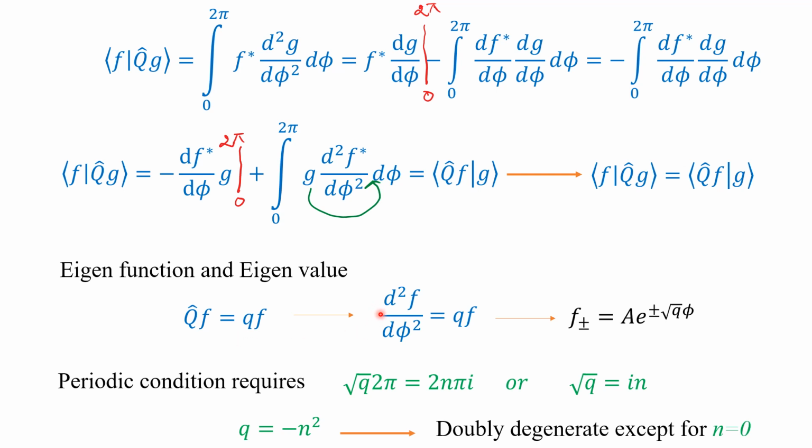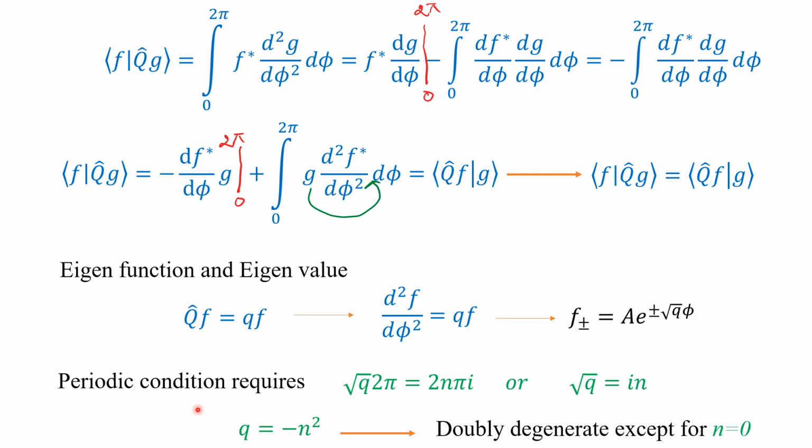Now, if you take the second order derivative, replacing Q by its operator, d²f/dφ² equals q f. Naturally, the solution for this is f plus or minus equals A e to the power plus or minus square root of q times φ.